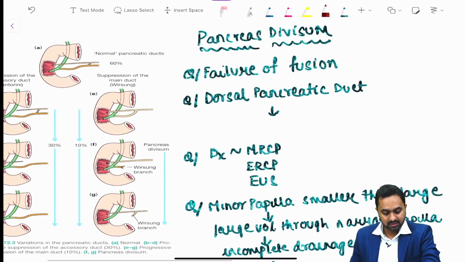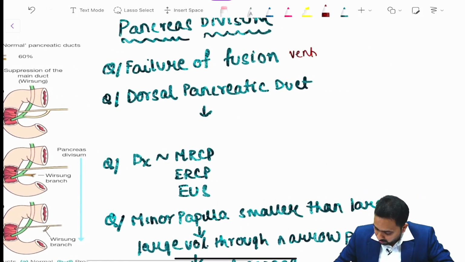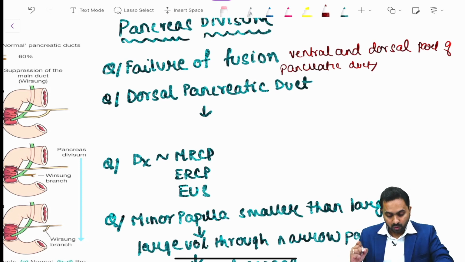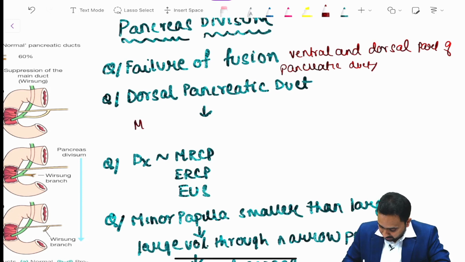This is basically the failure of fusion of the ventral and dorsal parts of the pancreatic duct, right. So what happens here is that the dorsal pancreatic duct now becomes the main pancreatic duct, right.